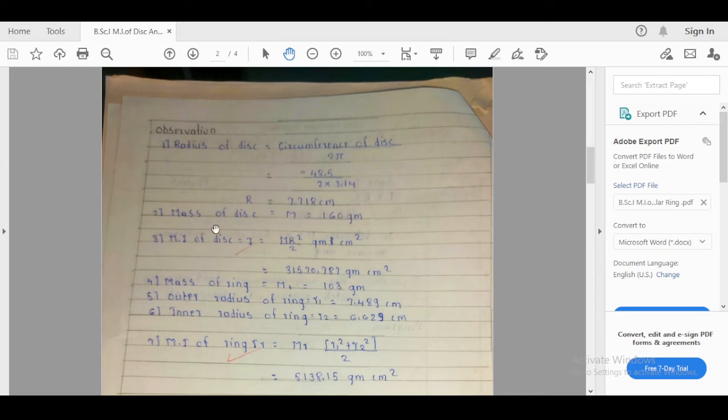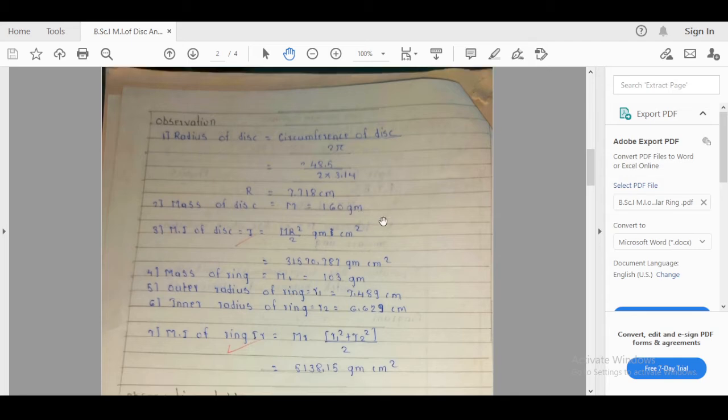Second observation: mass of the disc, m, is equal to 1600 gram. It is heavy. Then, as you know the radius and mass of the disc, we have to calculate the moment of inertia of the disc theoretically by the formula m r squared upon 2, and its unit is gram square centimeter.